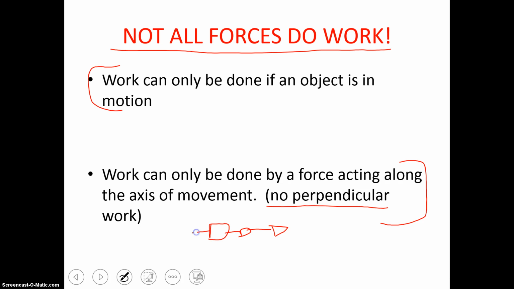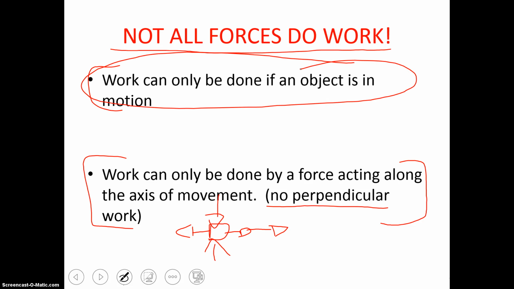A force acting to the left could be doing work. But a force acting up on the object could not be doing work. A force acting down on the object could not be doing work. So that's what this key point means, that work can only be done by a force acting along the axis of movement. This key point here, work can only be done if an object is in motion.